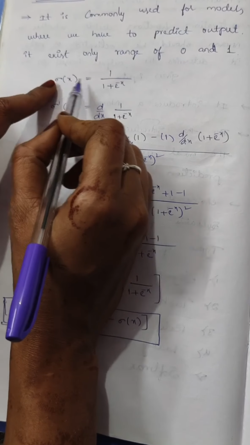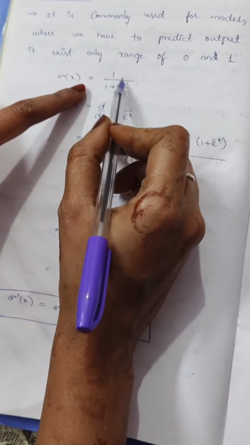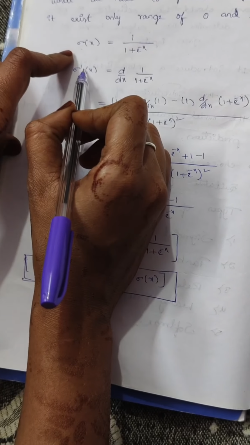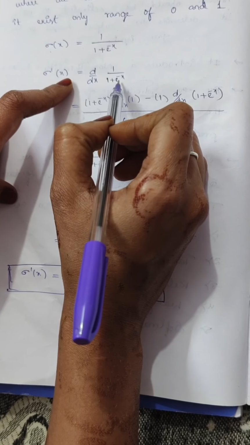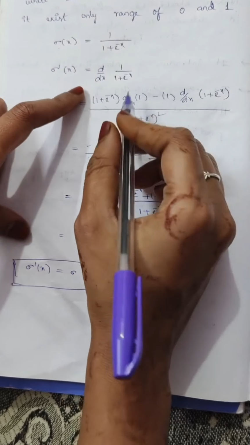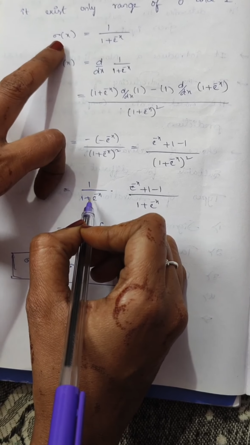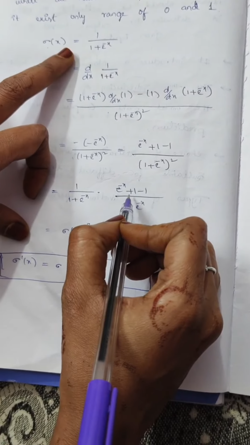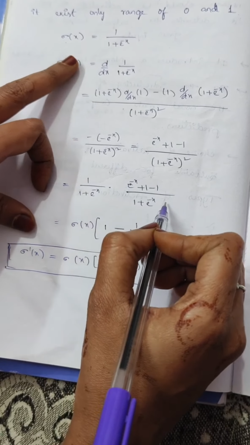Here I am taking sigma of x equals 1 by 1 plus e power minus x. Here I am differentiating this function. Derivative of sigmoid: d by dx of 1 by 1 plus e power minus x. By solving this, I get sigma of x equals 1 by 1 plus e power minus x into e power minus x plus 1 minus 1 by 1 plus e power minus x.